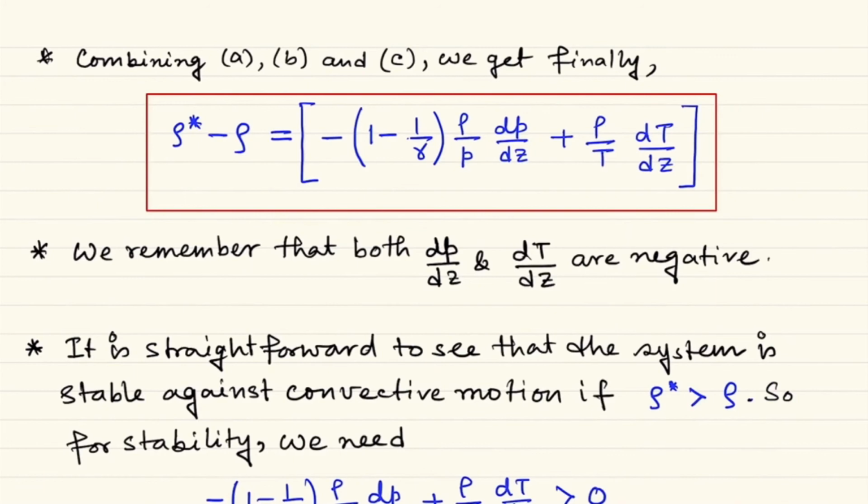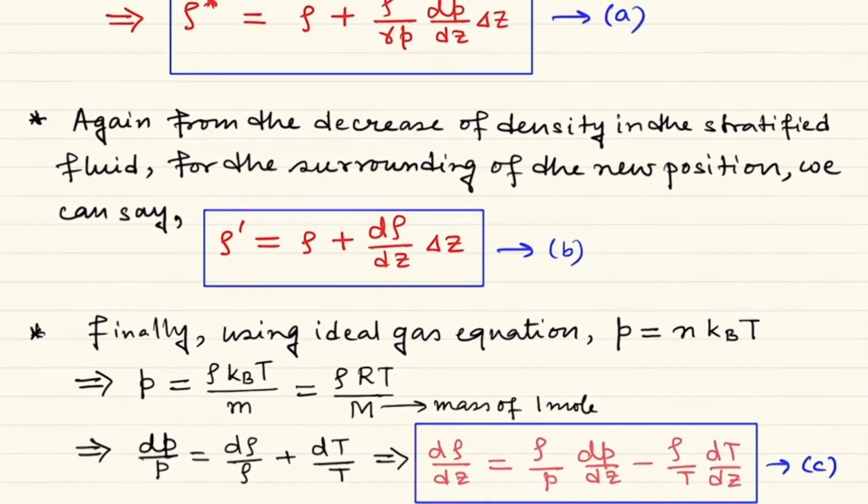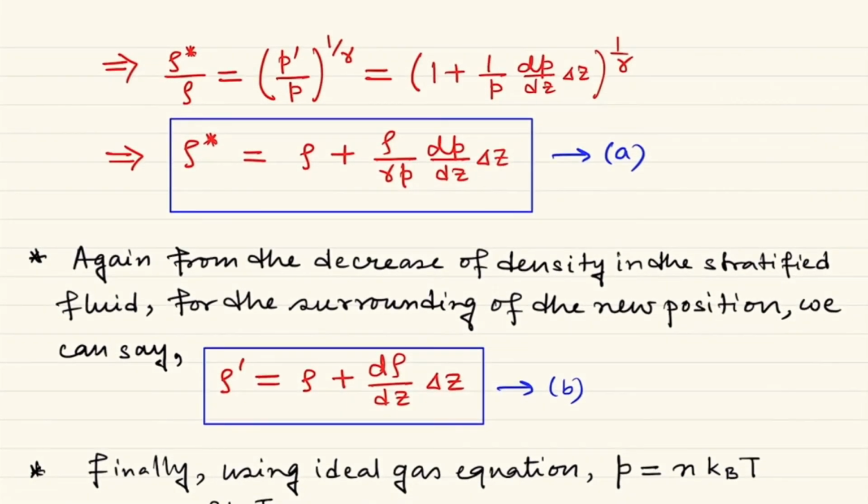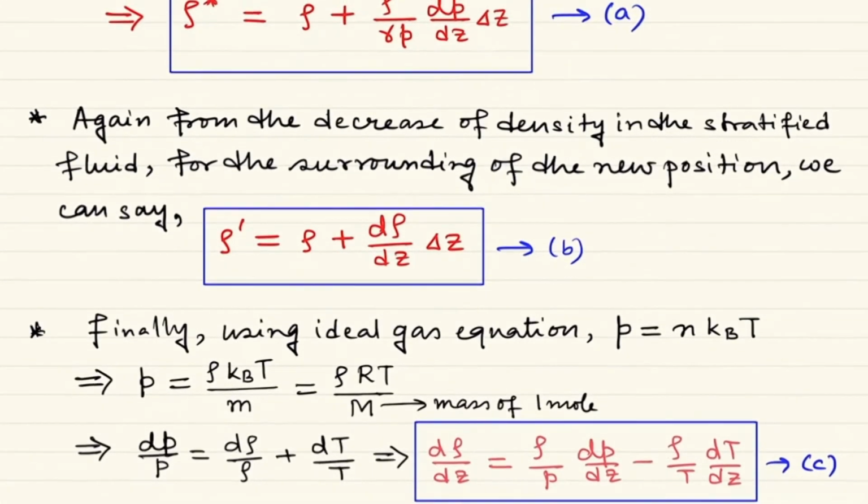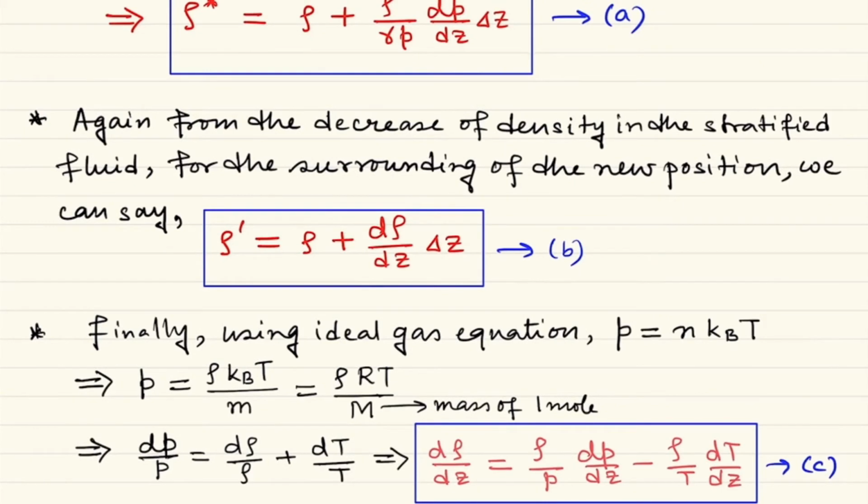Now, that was equation number C. Combining, first we will subtract b from a, and then we replace this value of d rho/dz in this subtracted result.